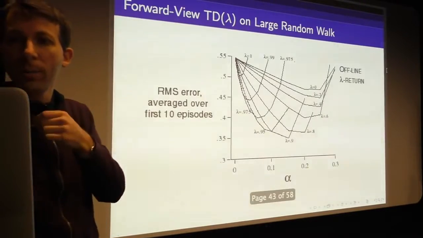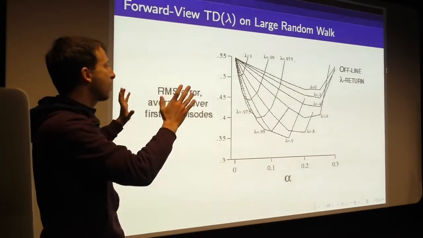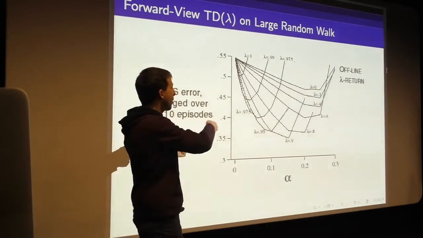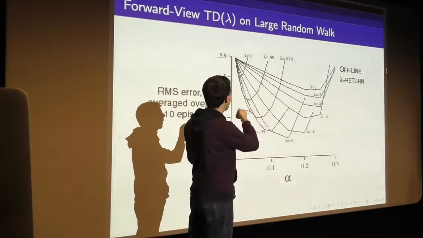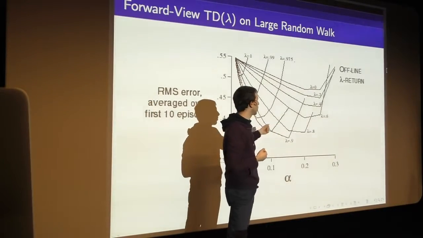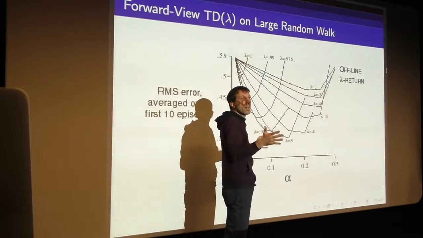This is the same diagram we had before, showing on the large random walk how sensitive this is to the lambda value. We see that there's a sweet spot in lambda again, but it's much more robust: the value of lambda that works best is the same regardless of the size of the random walk.